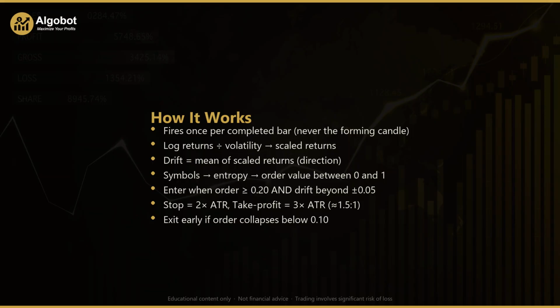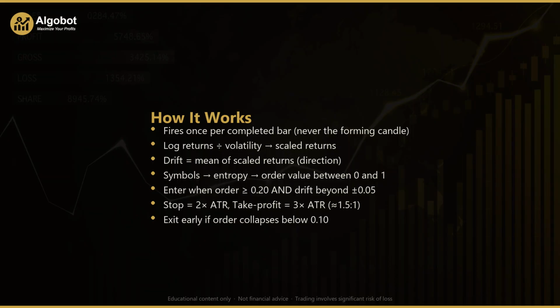On every new bar, the strategy works only with completed price data, never the still-forming candle, so its calculations stay stable. First, it needs enough history, at least 40 bars for the return window, plus a few more for the 14-period ATR. If there isn't enough data, it simply waits. Once it has history, it computes the log returns across the window, measures their standard deviation as the volatility, and divides each return by that volatility to get scaled returns.